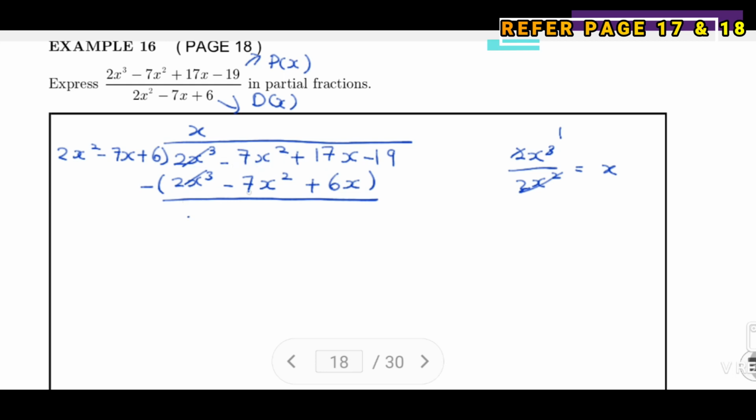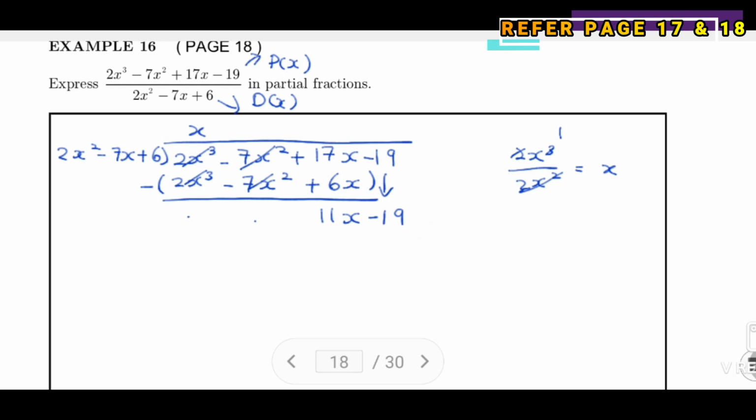Negative 7x squared minus negative 7x squared, 0. 17x minus 6x, we get 11x. Now bring down negative 19. So the remainder that we have is 11x minus 19, which is a degree less than the divisor.